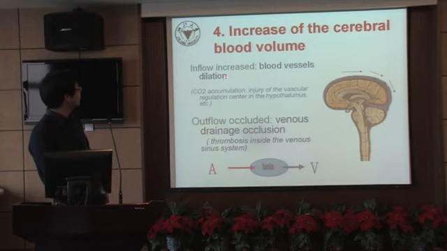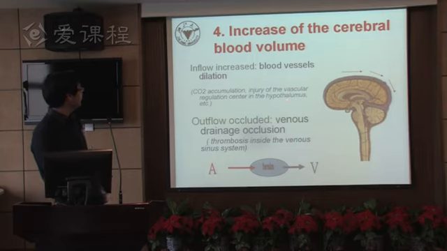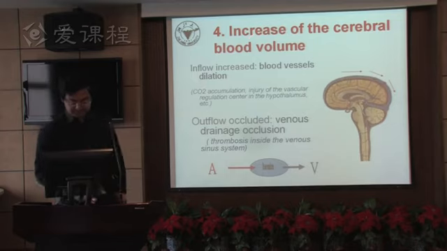Usually, blood vessels are dilated by carbon dioxide accumulation or injury of the vascular regulation center in the hypothalamus, and so on. Outflow occlusion is usually caused by venous drainage occlusion, usually thrombosis inside the venous sinus system. So this is the fourth cause of intracranial hypertension, increase of the cerebral blood volume.